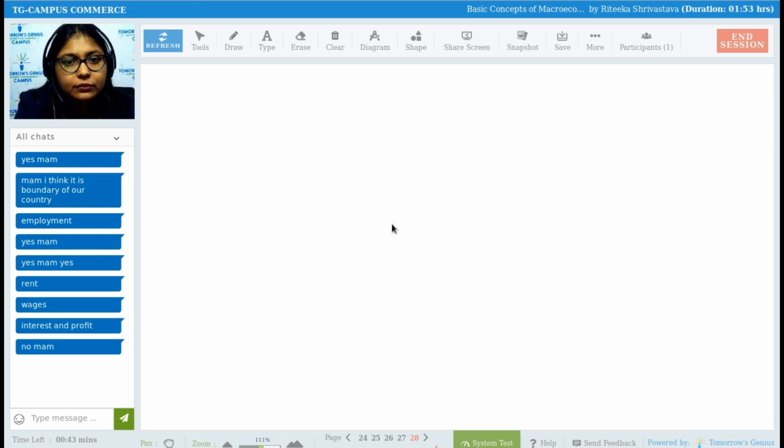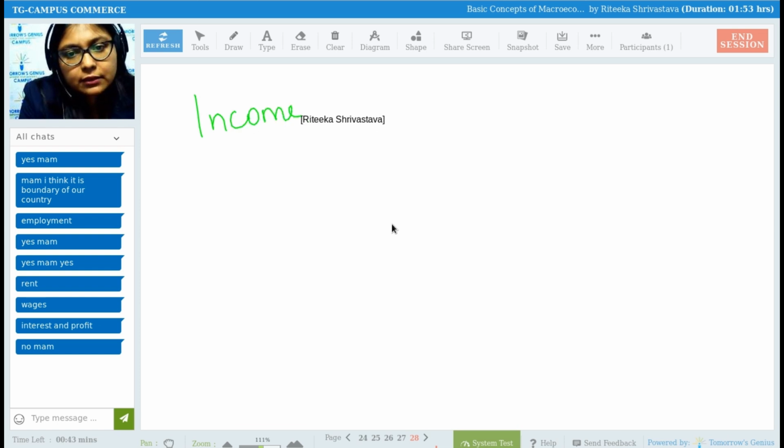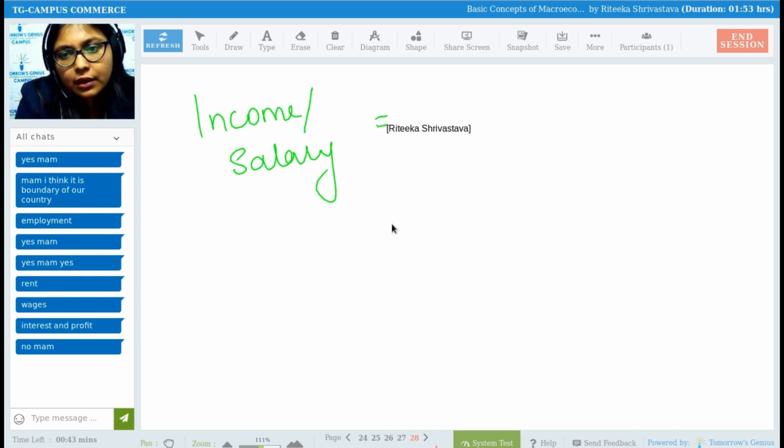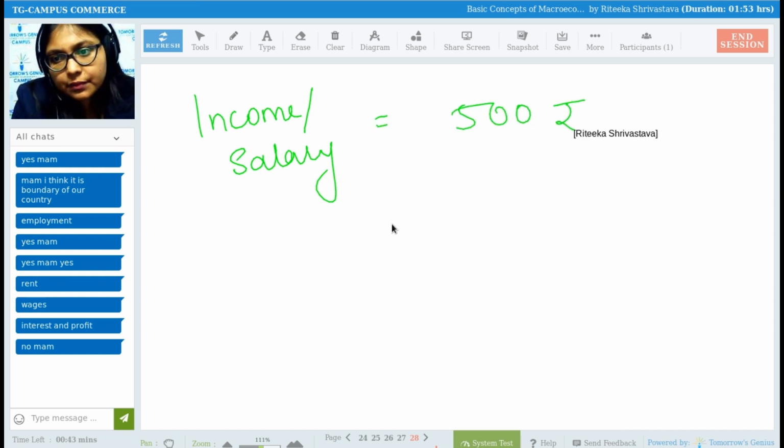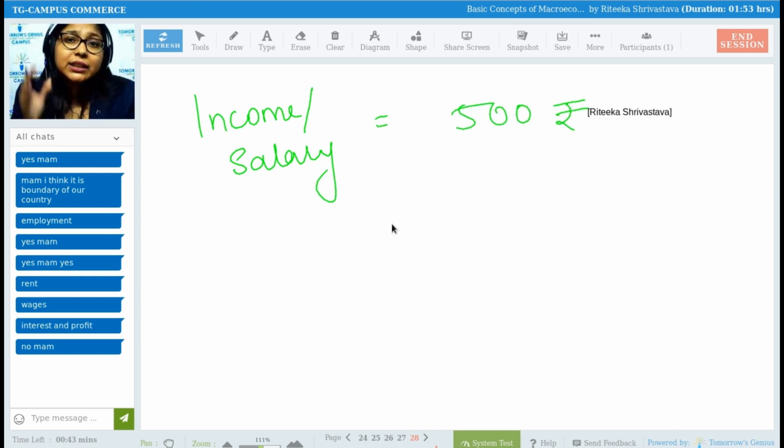Example: we know that when a person receives a salary, when a person receives an income, the person has to pay a certain amount from the salary as tax, right? So say suppose the income of the person, or the salary of the person, is 500 rupees. As I said, I am going to take hypothetical or impractical examples.